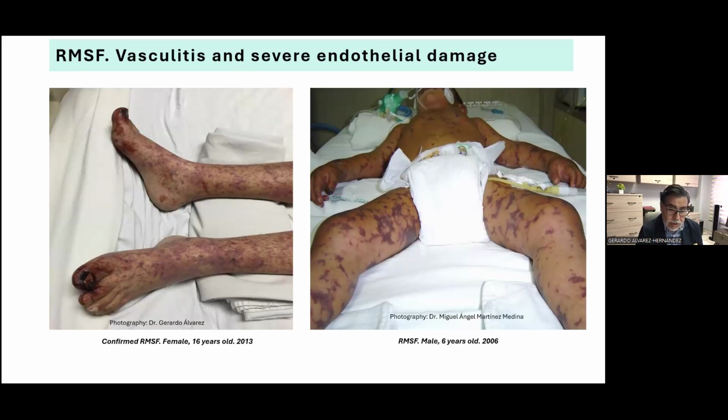This is why the disease takes the name of spotted fever in patients that are in the late stage.